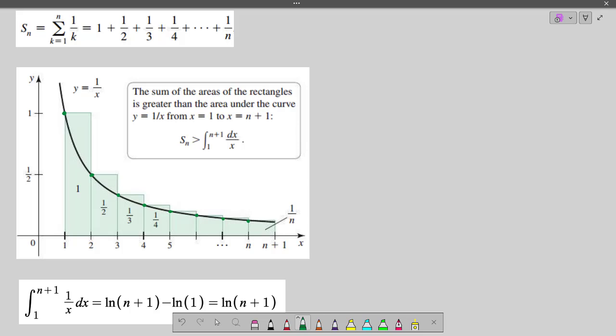That S sub n is bigger than the area under the curve from 1 to n plus 1. So if we look from 1 to n plus 1, that's just the regular definite integral, the area under that black curve. S sub n is bigger than it, right? S sub n punches up through the top of the curve and we have extra area above the curve. So we all agree that that's true.